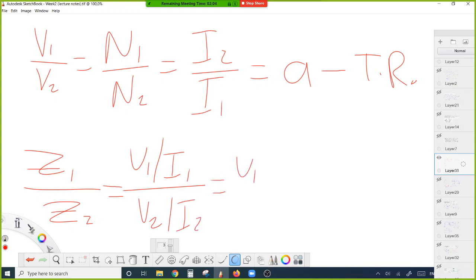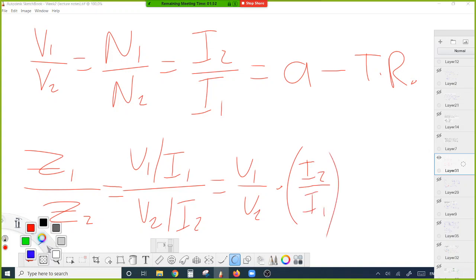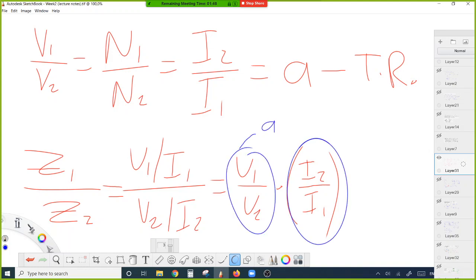V1 over V2 multiplied by I2 over I1. This one is equal to A, and this one is again equal to A. And the ratio of impedances is equal to the square of the transformer ratio.